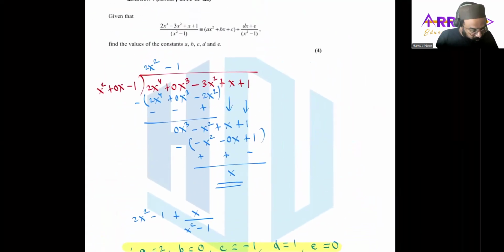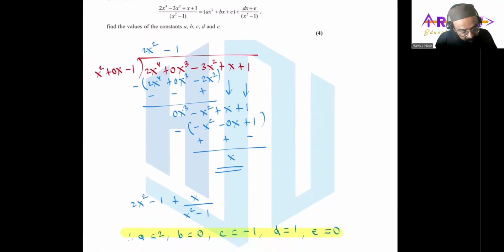So, the quotient is 2x square minus 1. So 2x square minus 1 plus x upon x square minus 1. So you just need to make a comparison. As you can see, a is equal to 2, b is equal to 0 because the term in x is not existing in the quotient. Then we have c, which is minus 1, and then dx plus e, meaning the coefficient of x is 1.